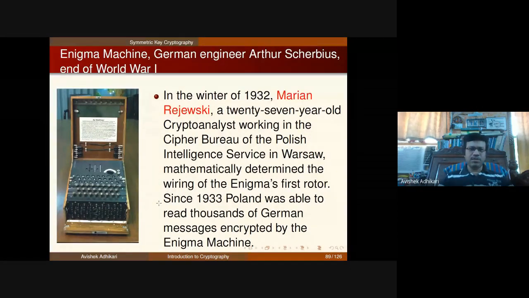Now the Germans were very proud of their machines, so they kept on sending all the important information in the battlefield, and the British intercepted all the messages, and since they had the algorithm to break it, they decoded all the information, but they did not reveal it.